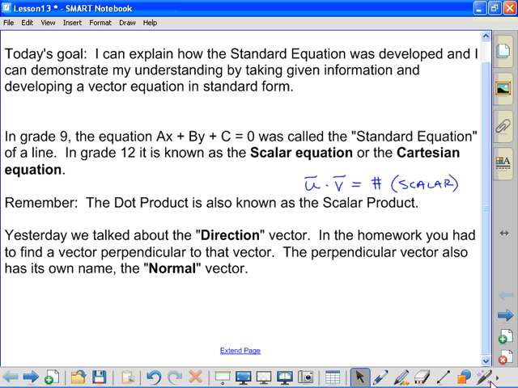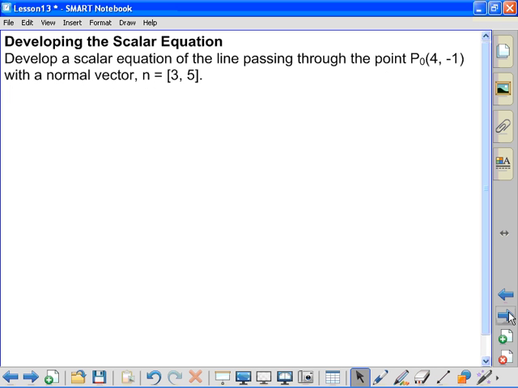The vector that's perpendicular, instead of calling it the perpendicular vector, we also know as the normal vector. Normal means perpendicular.